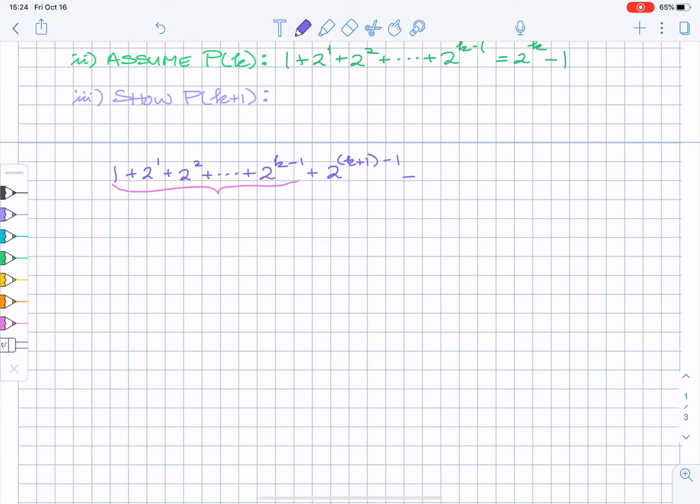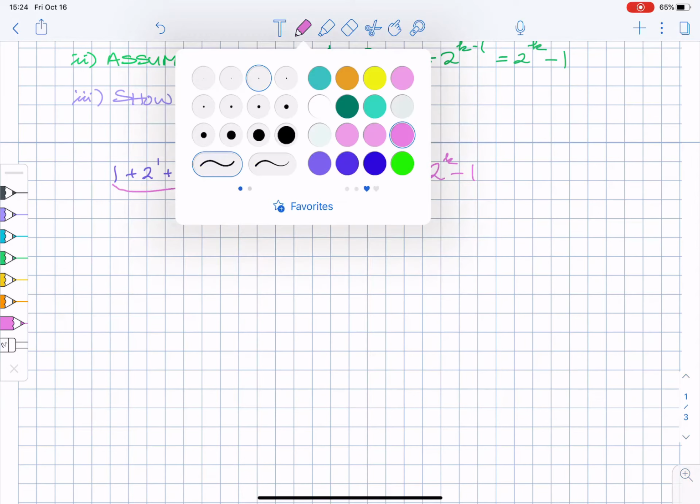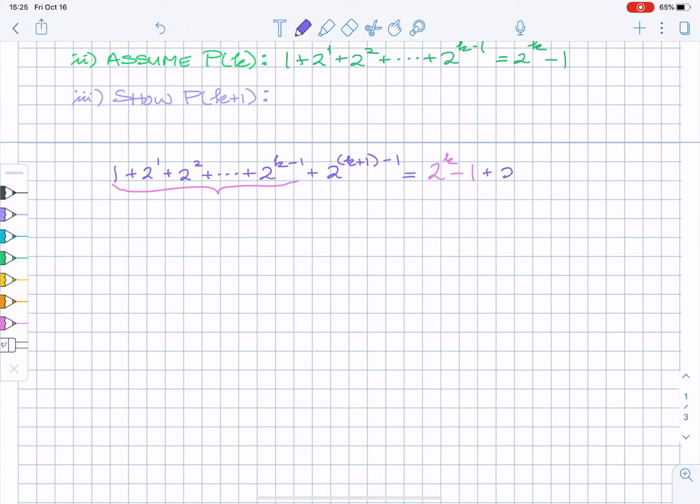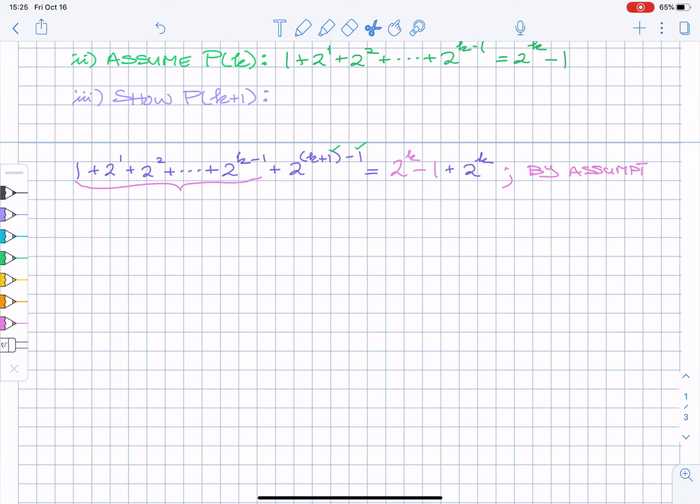I know that this was equal to 2 to the k minus 1, to which we're adding, well, the 1's sum to 0, so effectively 2 to the k, and that pink was by the assumption step, right? And I don't have enough room. Let me move this a bit to the left. So by assumption.